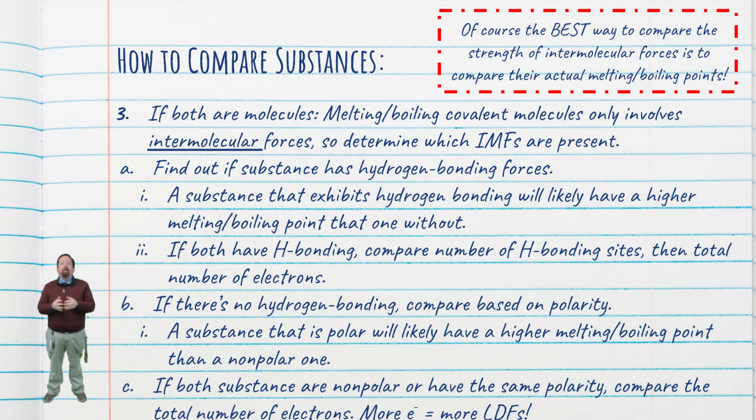If they're both polar, whichever one is more polar is the one with a higher melting point. Lastly, if they're both nonpolar, you only have to look at the London dispersion forces because that's all they have. The larger molecule with more total electrons will have a larger electron cloud and will therefore be more polarizable or have stronger LDFs. Of course, the best way to know for sure would be to actually melt these substances in a lab and find their melting points.